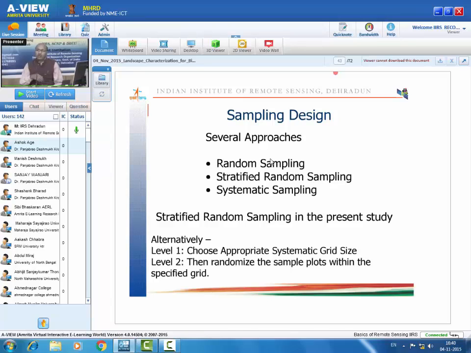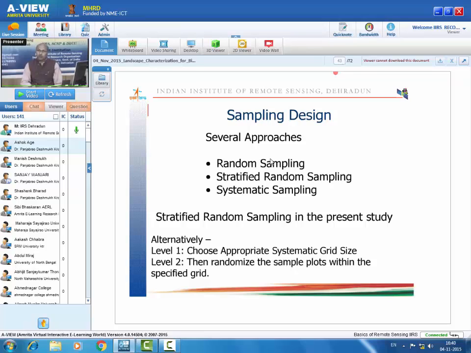Okay, and once we have done the mapping, we can go for sampling, and there are different approaches like random sampling. Sampling, basically, you see from remote sensing, you cannot identify a species. Therefore, we have to go to the field, we have to lay a sample plot. From the sample plot, we have to find out what species of trees are there, what species of shrubs are there, what are the herbaceous plants growing in that area, what are the epiphytes growing there, what are the lithophytes growing there.